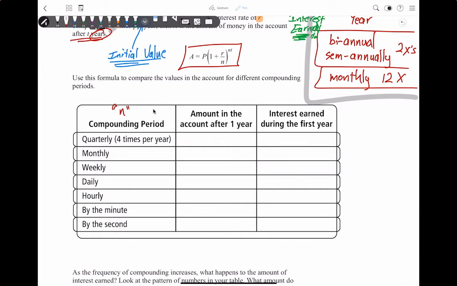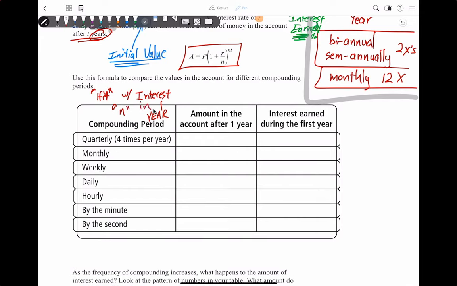How many times are we hit with interest in the time span of 1 year? So we'll say time in 1 year.